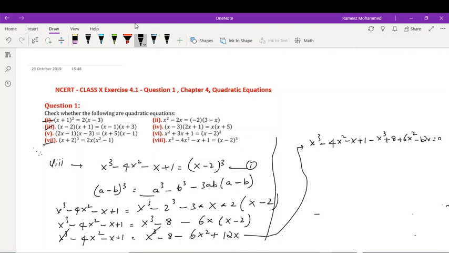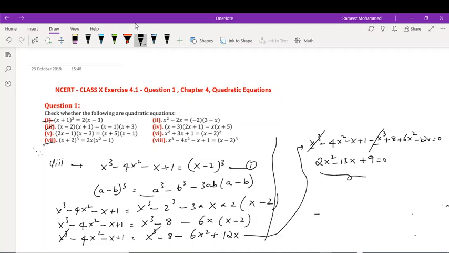See, here minus x cube is there and here plus x cube is there, cancel it, and minus 4x square and plus 6x square is nothing but 2x square, minus x and minus 12x is nothing but minus 13x, plus 1 and plus 8 is nothing but plus 9.